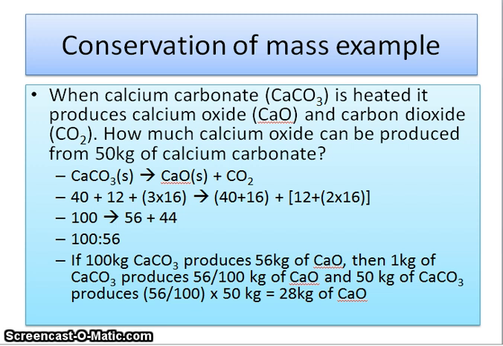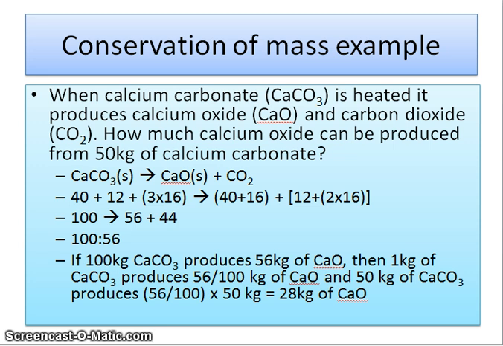Now all you need to do is break that down and work out the mass of each of the particles. Calcium is 40, carbon is 12, oxygen's 16, so you can see there's 3 lots of 16 there. And on the other side of the arrow you're doing exactly the same thing again.